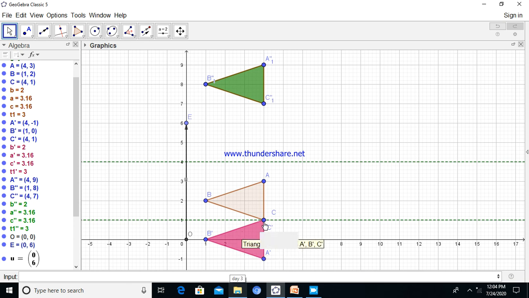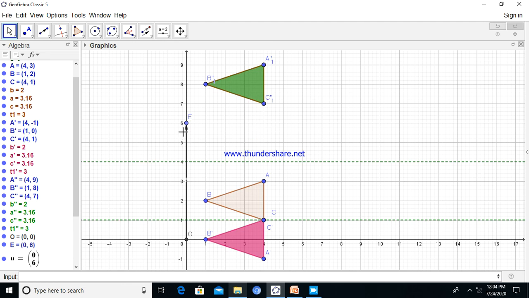Again A dash B dash C dash is reflected on the line y equals 4 and forms A double dash B double dash C double dash, and that is colored by green color. Now what is the single transformation? Instead of doing these two separately, is there some single transformation? Yes, the single transformation is equivalent to translation by (0, 6).